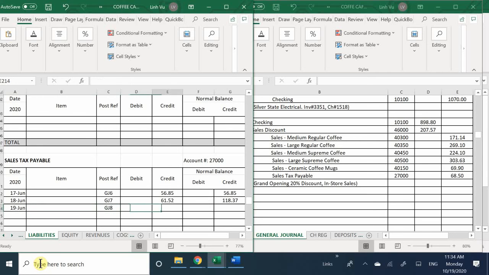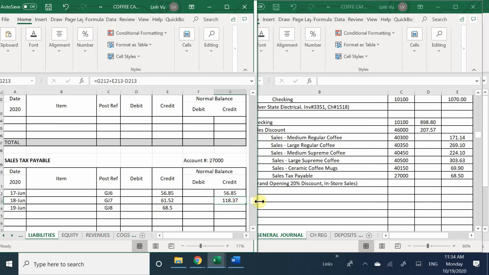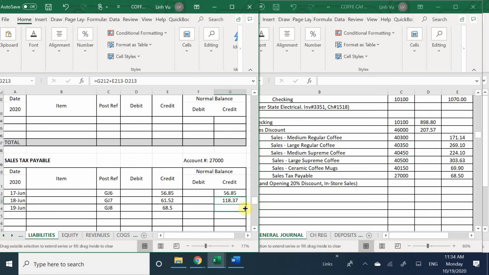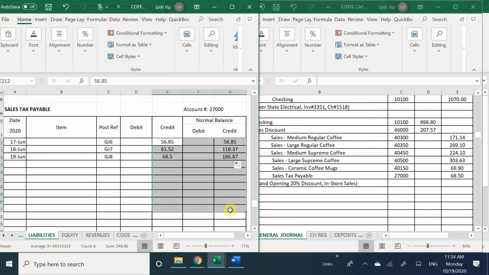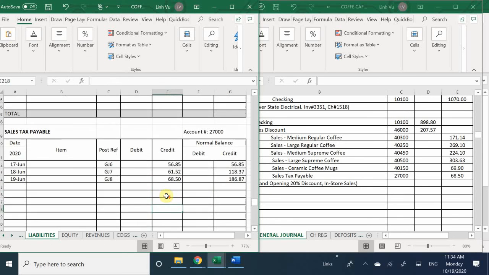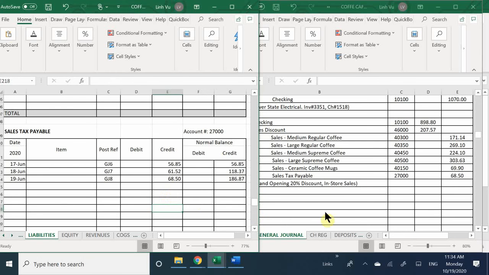And what was the amount of tax I collected for the day? $68.50, bringing me a grand total of how much do I owe? $186.87. Okay, that is how much I owe the government as of June 19.